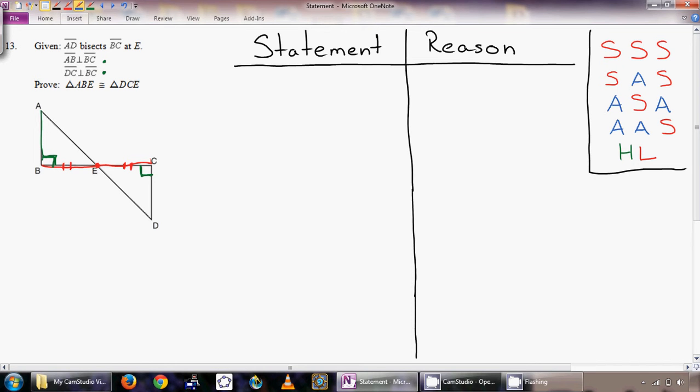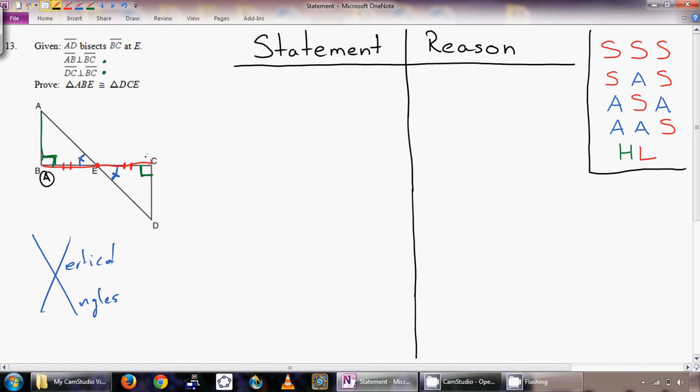And just like the last problem, the one before that, I said always look for vertical angles or the reflexive property. And here we have vertical angles, right? So if we look at this, right angles, they're both 90 degrees, therefore they're congruent.